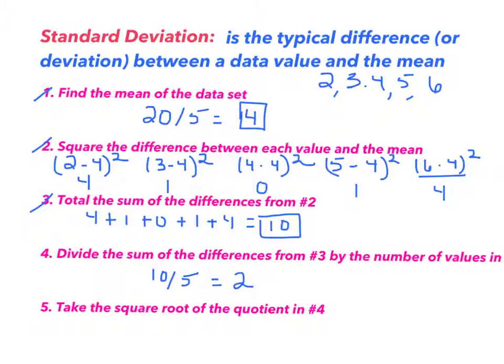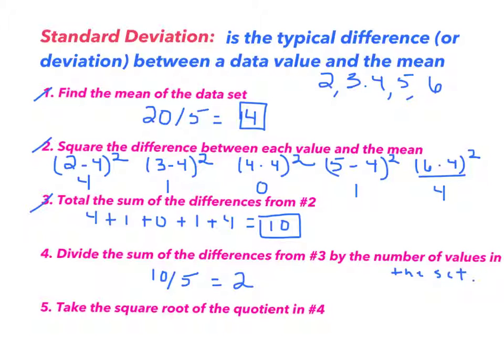We took the sum of the differences squared, divided that by the number of terms we have in our set, and we get 2.